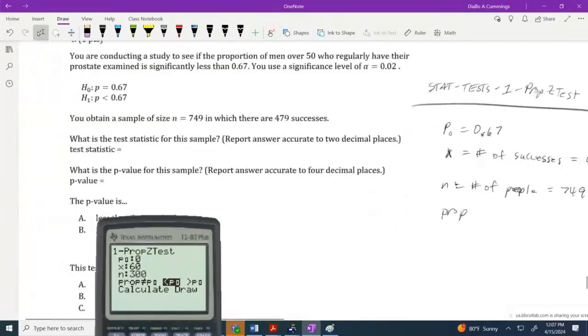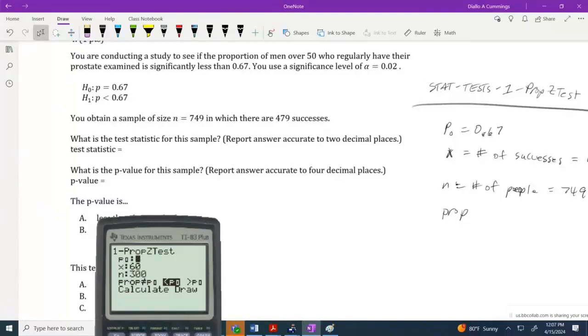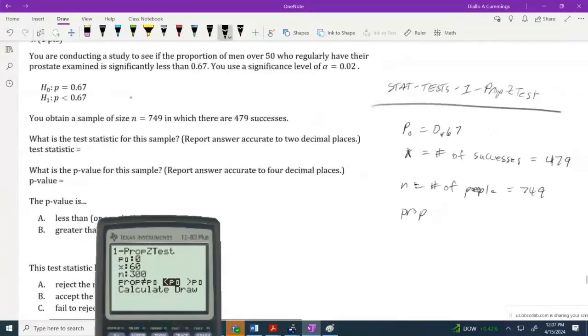What is our test? Are we going to use equal to, less than, or greater than? That's right, the less than. We always use the inequality for the alternative hypothesis. So we're going to use less than.